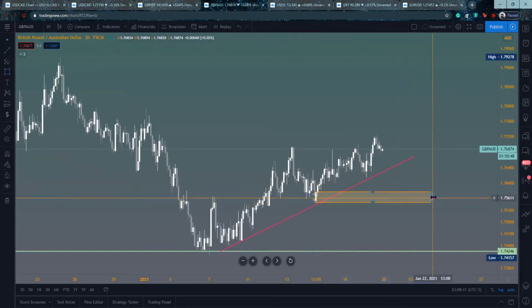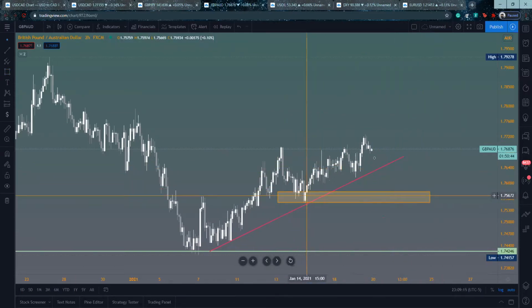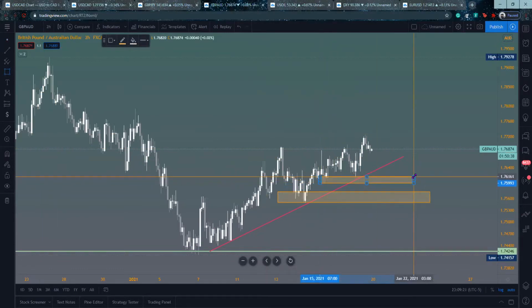More than likely I'm going to be looking at something around this area. Why? Well, we have an order block here. We take the liquidity of these two previous lows, so these two previous lows here, boom, we get the liquidity out of their moves.